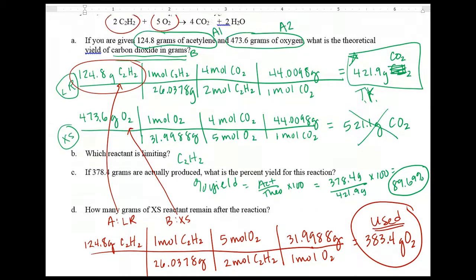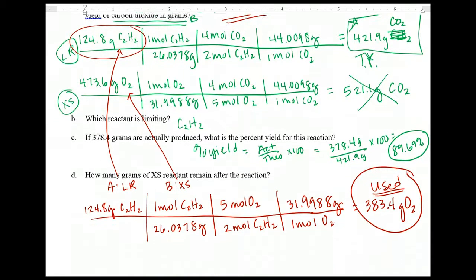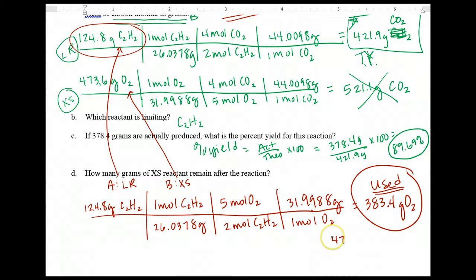If you look at the original problem, we were given 473.6 grams of oxygen. So I started with 473.6 grams. I subtract the amount that's used up in the process, and when I subtract, I should get 90.2 grams of oxygen left over, or in excess.